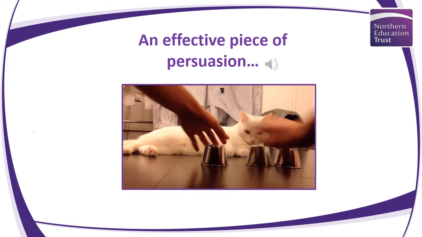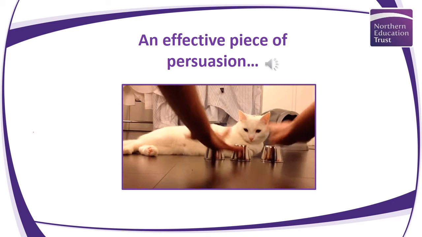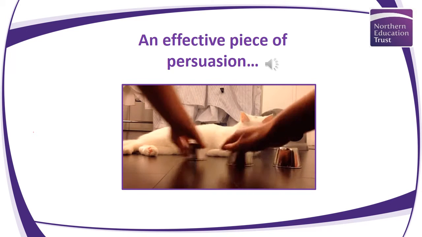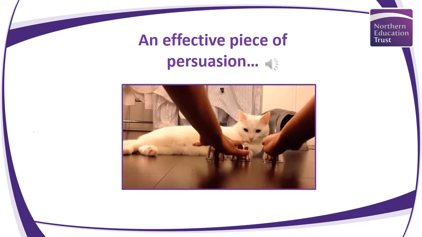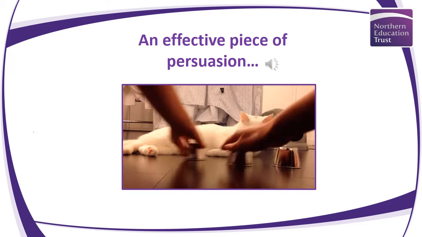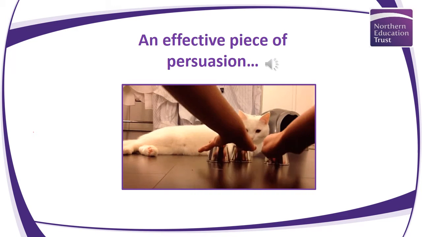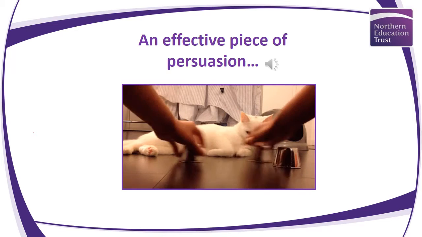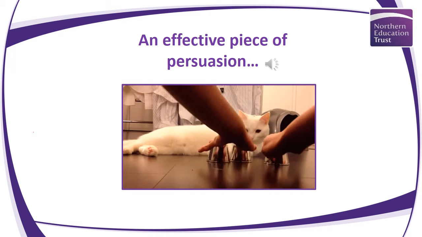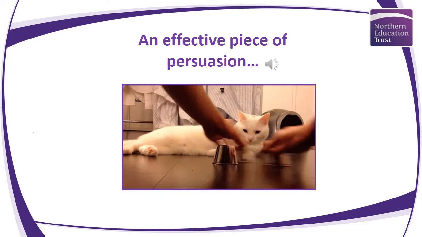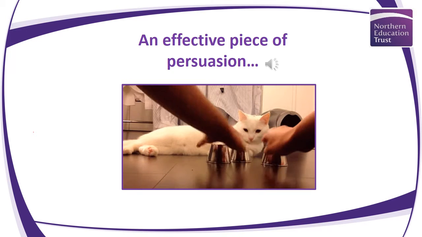And the whole idea was that if you imagine that each cup is a paragraph, they can't be muddled up. If they can be muddled up, that is not clear communication and it is not a good piece of persuasion, because the ideas need to be woven throughout.